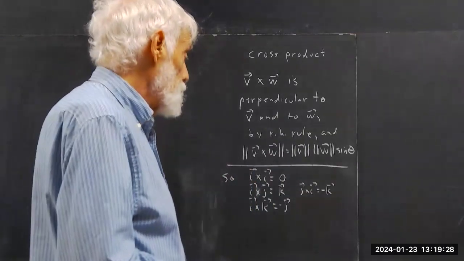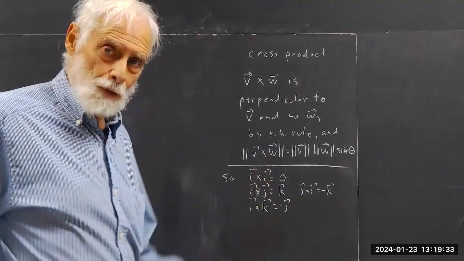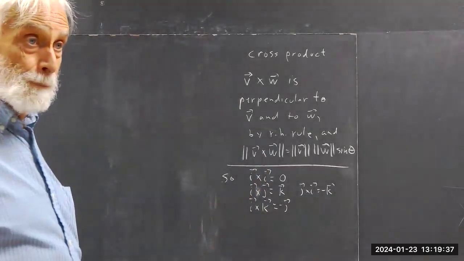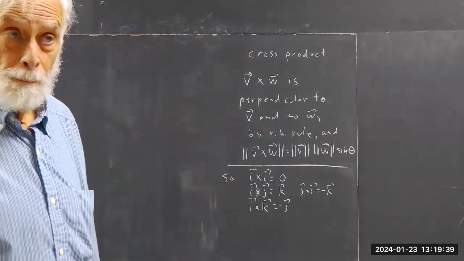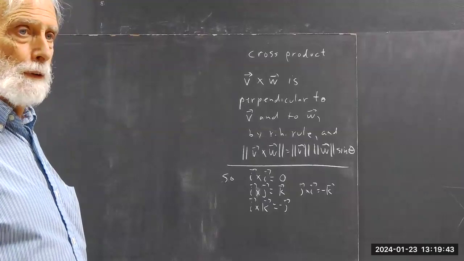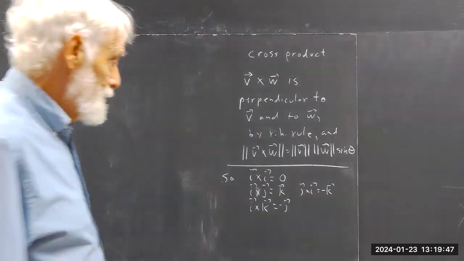So you can do that both ways, and you should think that through. Think it through once a day until it's natural to you, because it'll save you time in the long run. It's really fundamental. If you're in any engineering that involves three dimensions, and all of it does, you have to know this.